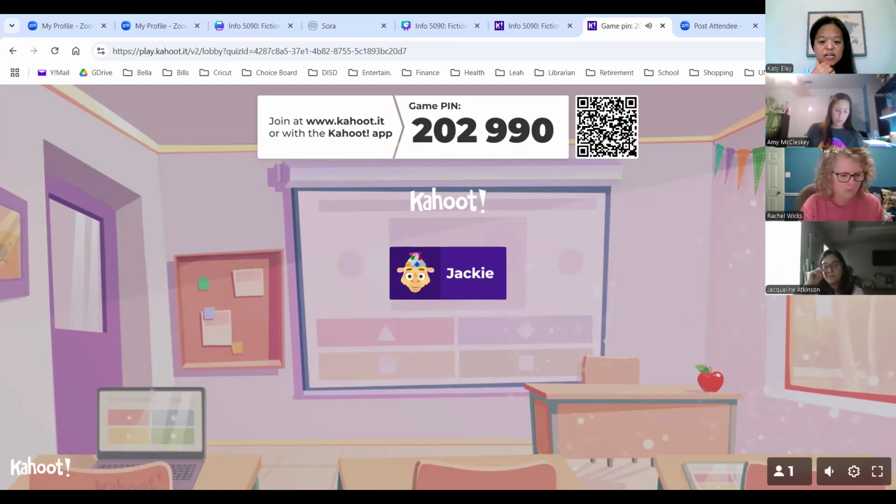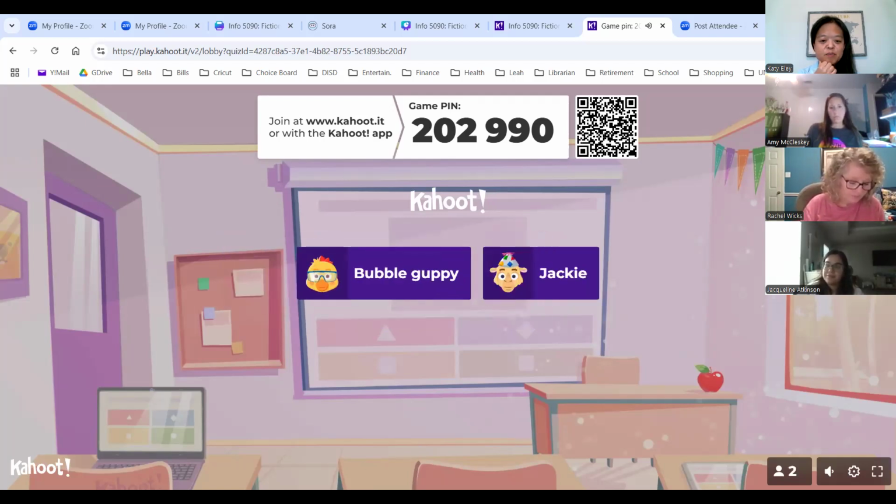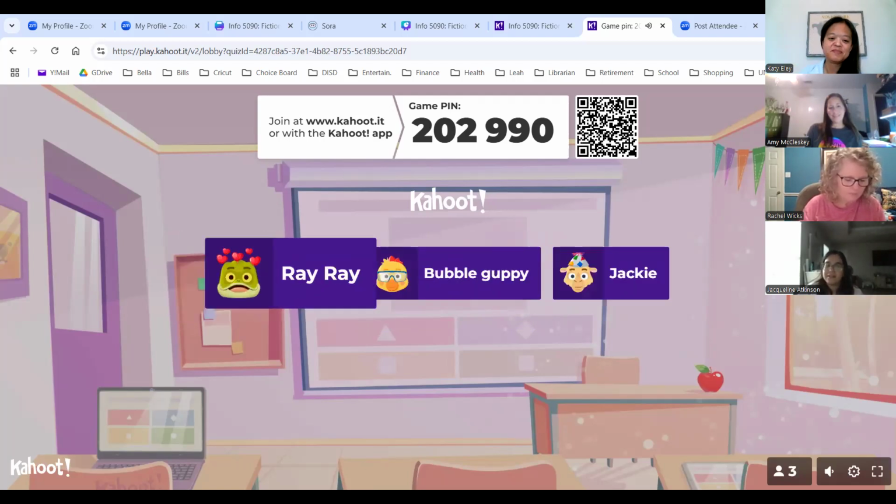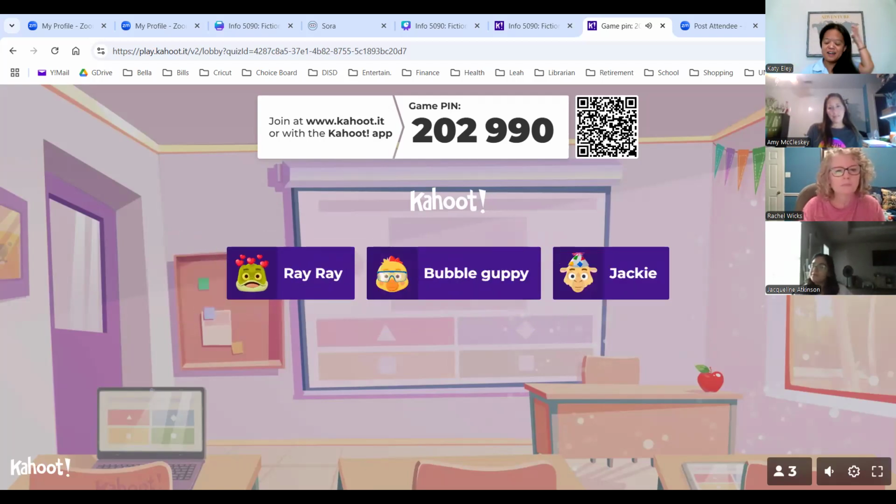All right, we have Jackie the llama. I'm getting there. Bubblegum Guppy, who could that be? And Ray Ray. All right, I love it.